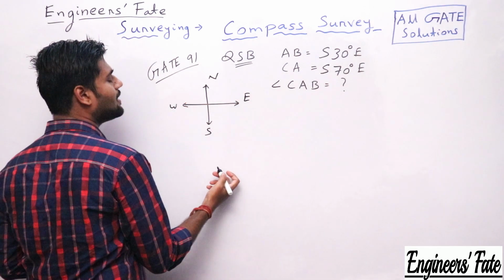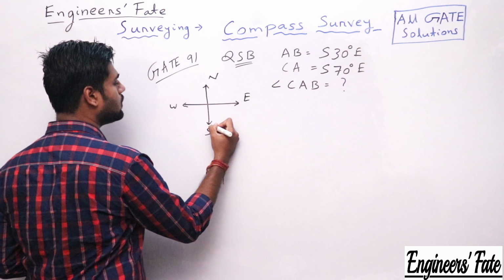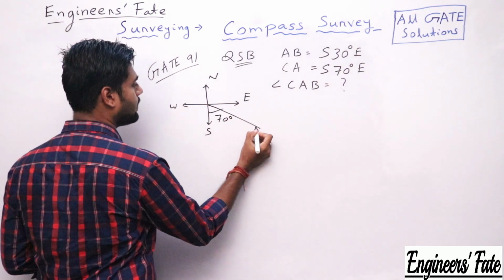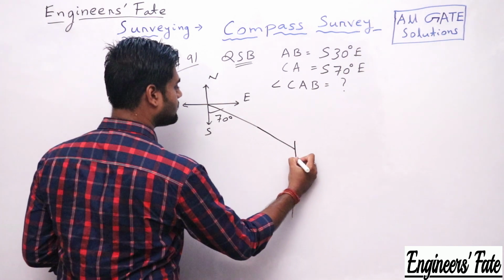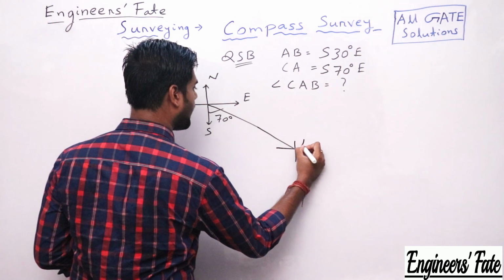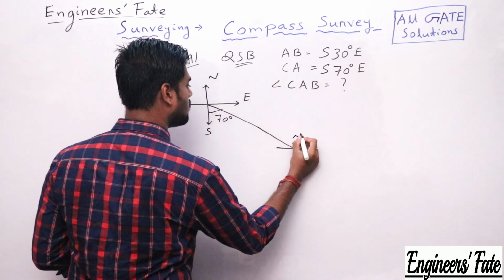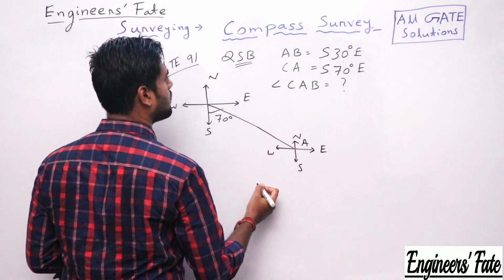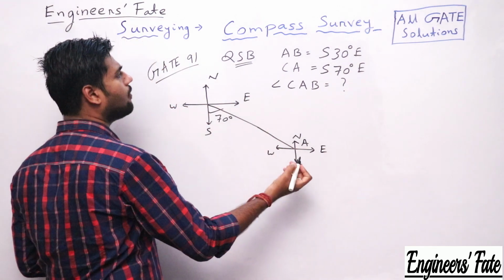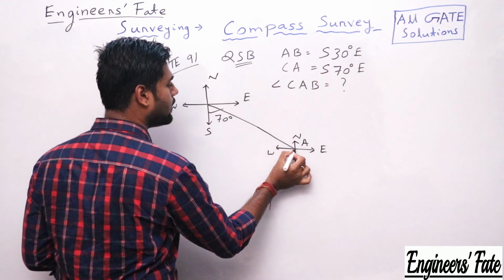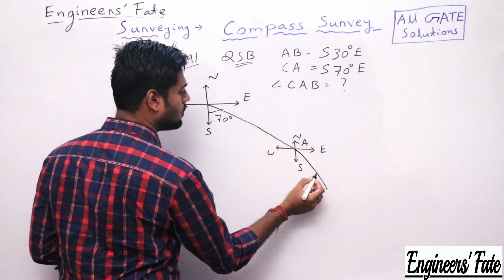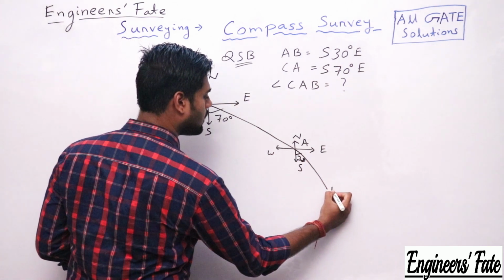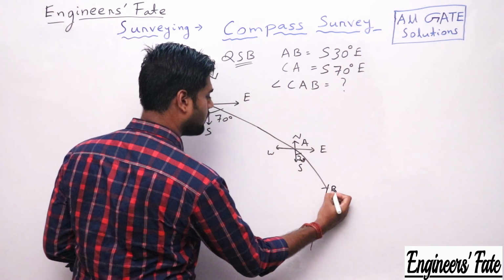CA is given as south 70 degree east, means south is here, east is here, so this will be 70 degree, and this will be my A. Again this is north, south, east and west. The bearing of line AB is south 30 degree east, so this will be 30 degree, and somewhere B is here.